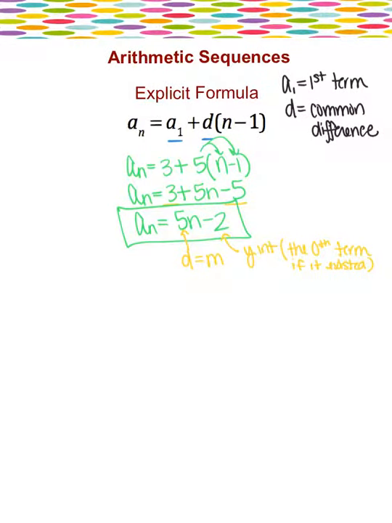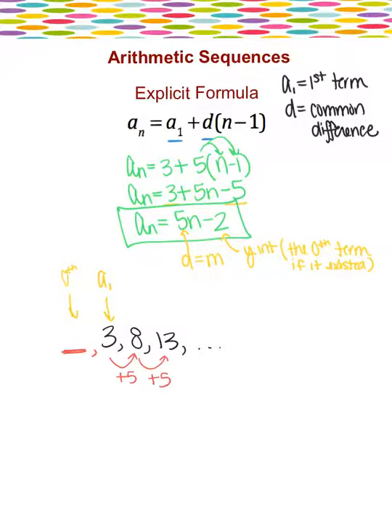So my sequence in the last example was 3, 8, 13, and so on. So you know that the 5 is this common difference every single time. And we know here 3 is my first term, my a sub 1. So think about, if a 0th term existed right here, what would it be?